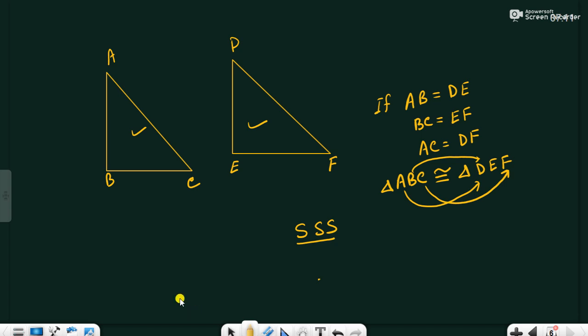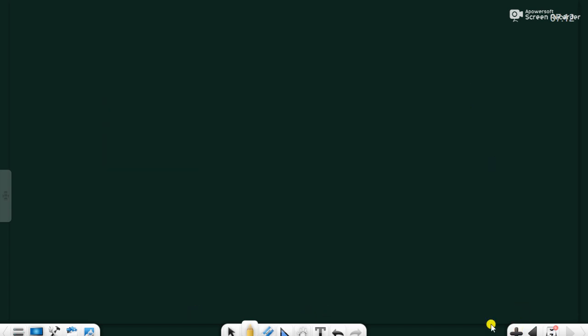Before that, we are going to recall the congruent rules. Here you see, the first congruent rule is the side congruent rule.